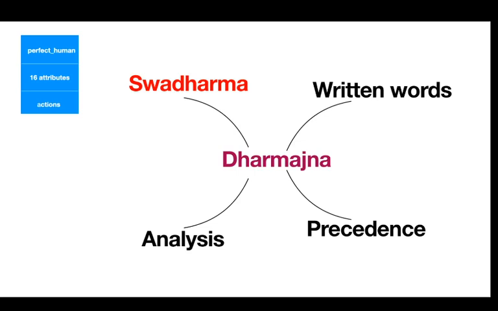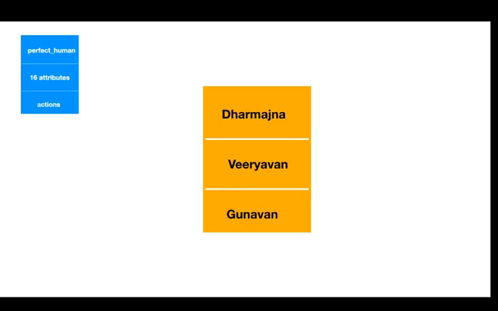That is not the point here, but understanding the right course of action for self. That is Dharmajna. In fact, going back to software engineering, it looks like it is not coincidental that Gunavan, Viryavan, and Dharmajna have come in this order. There seems to be some logical connection between these three.